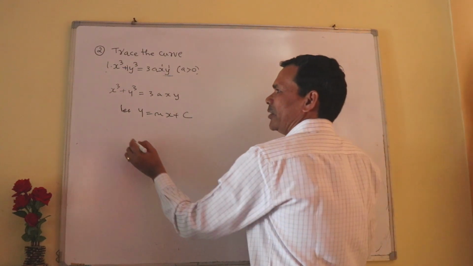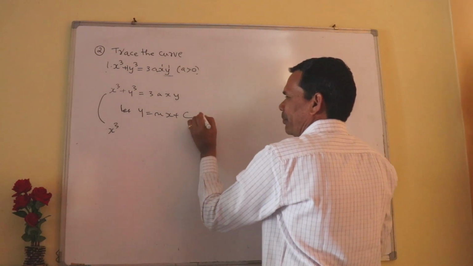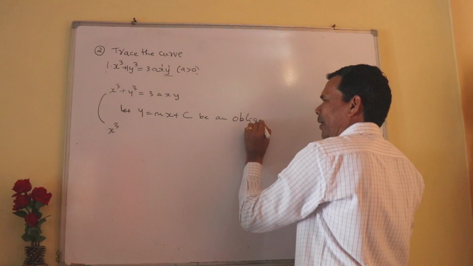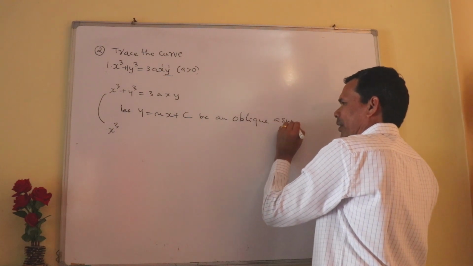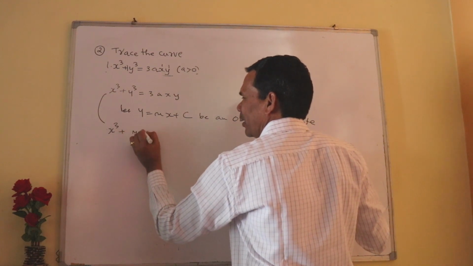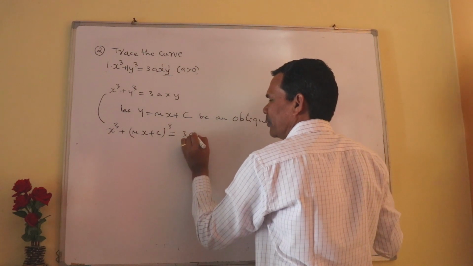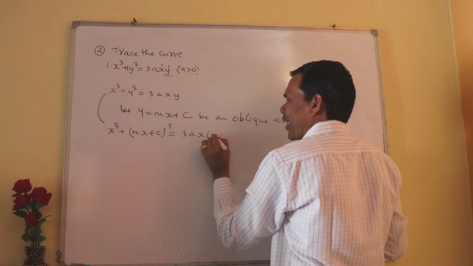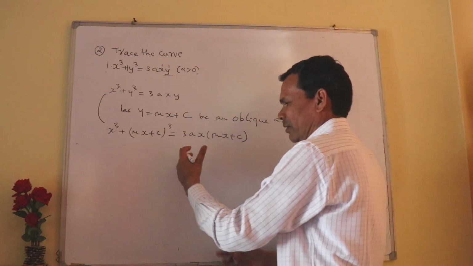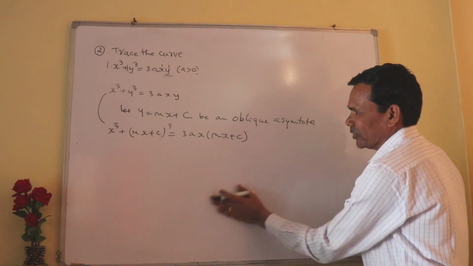So we put y is equal to mx plus c in the equation of the curve: x cube plus (mx plus c) cube is equal to 3 times ax, with y replaced by mx plus c. We simplify this and equate the coefficients of the two highest powers of x to 0.